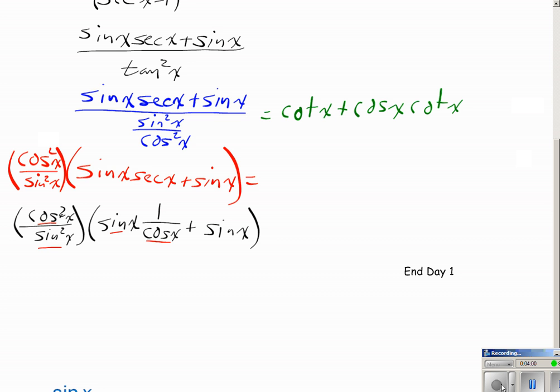So we're going to be left with cosine x over sine x for the first part, and that looks good because that is cotangent, plus one of the sines is going to cancel out here, so I'm going to write this as cosine x times cosine x over sine x.